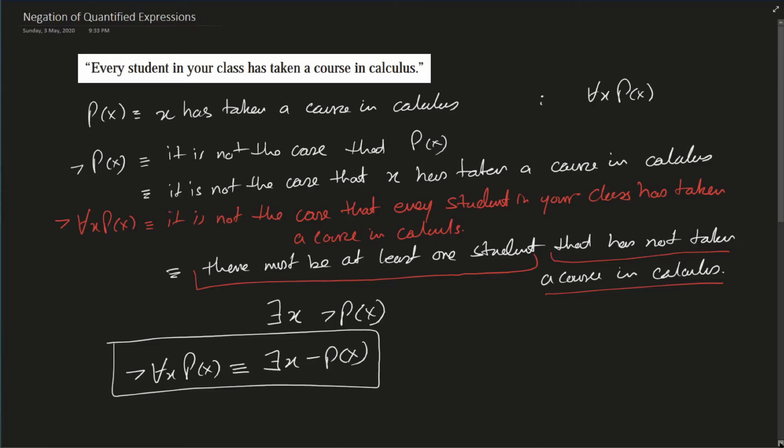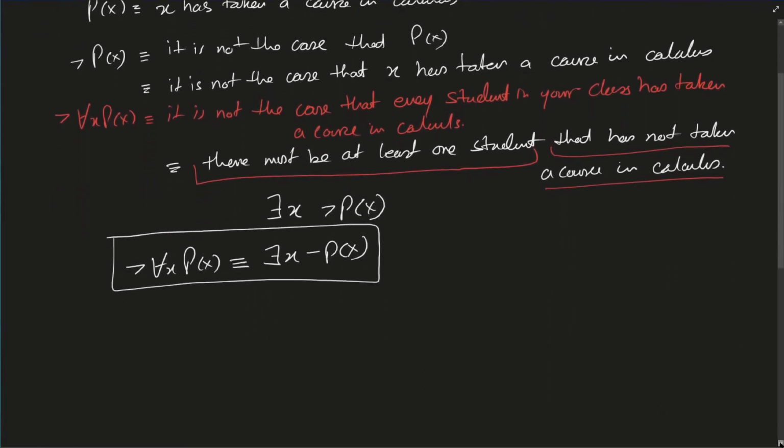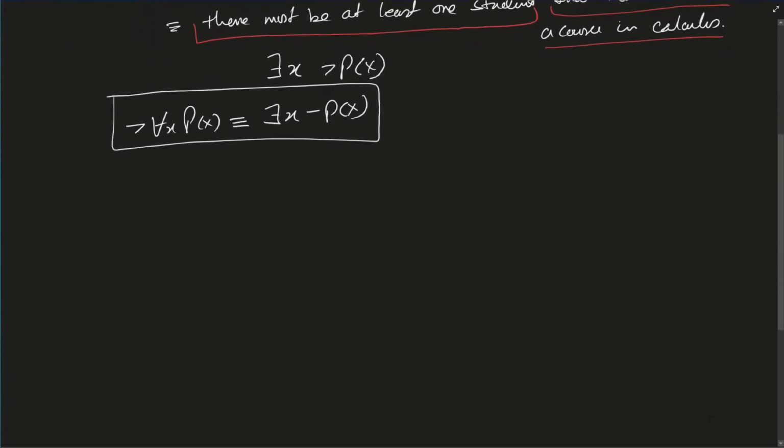In order to prove this, we need to take a different approach. We need to see when the statement for every x, P of x is always true. We can look at it this way. This statement is true if and only if for every x, P of x is false.